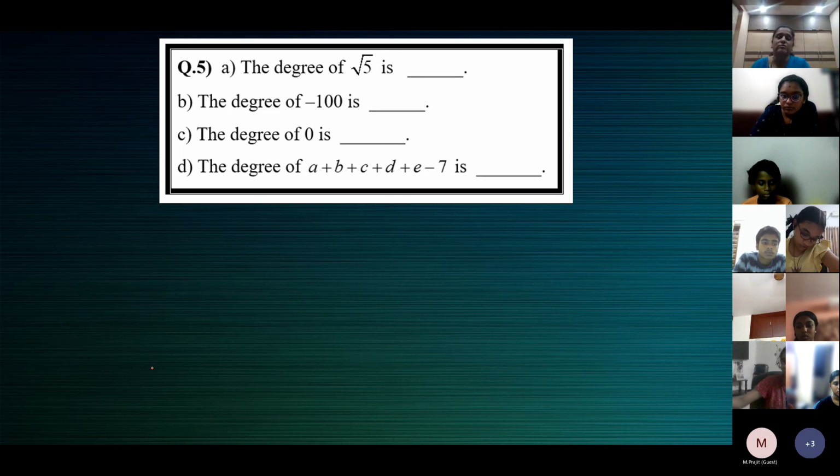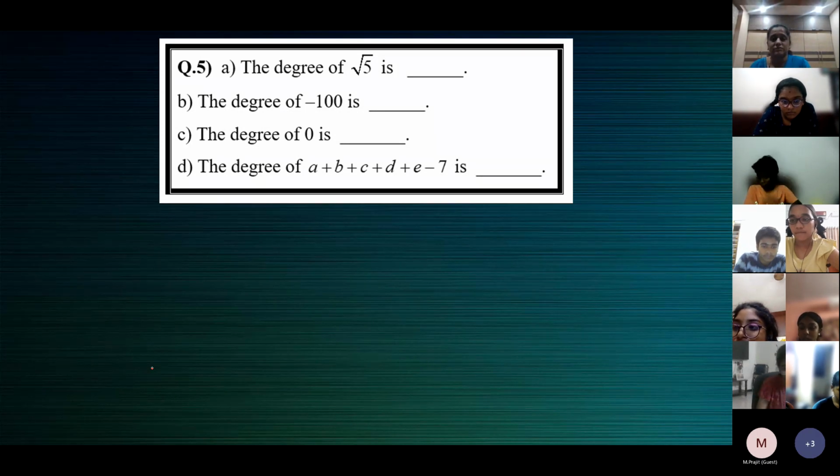But 0 is not a constant polynomial. 0 also is a constant, meaning if we don't talk in terms of polynomial, 0 is a fixed value. It's a constant, but we don't call it a constant polynomial. All real numbers other than 0 are constant polynomials.